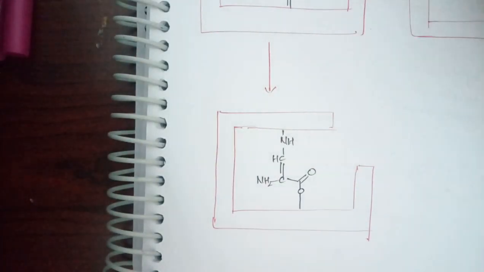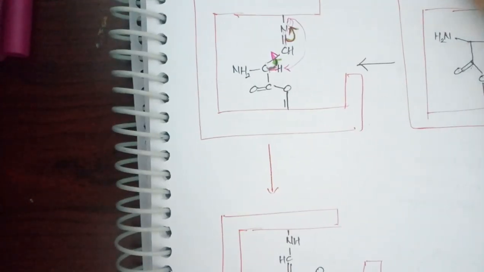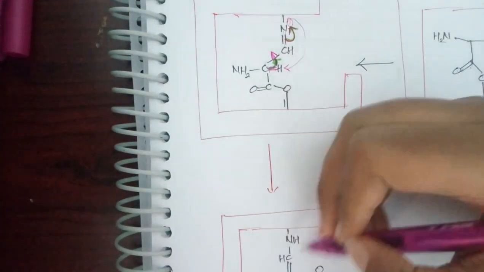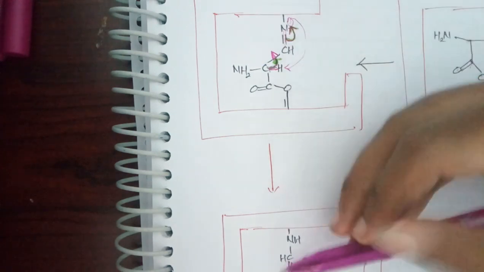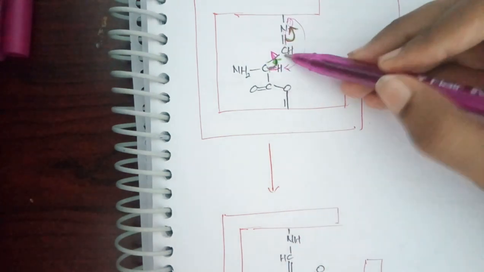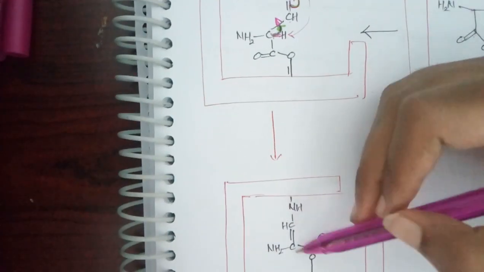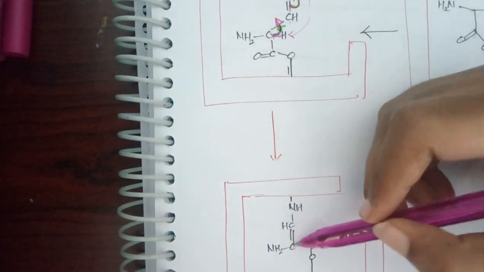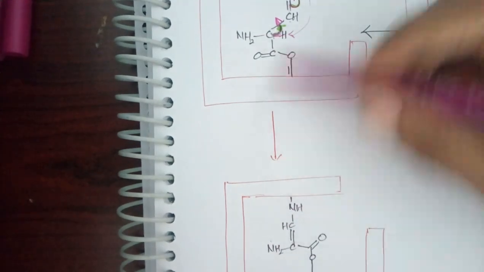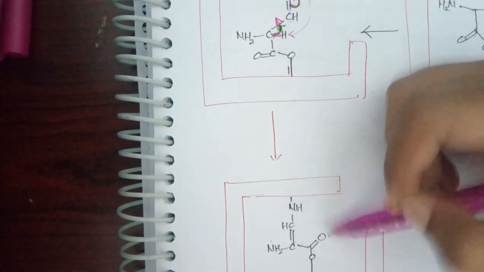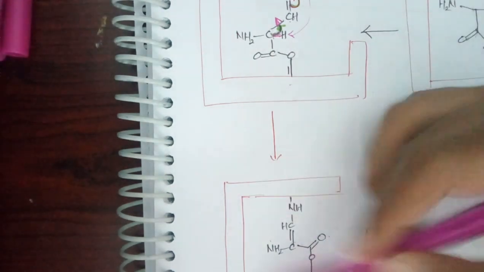How will it happen? If you see this whole structure, you have here NH. Here you get a single bond. Between these both you have a double bond. Same carbon attached to NH3, carbon attached to NH2. This is attached to C double bond O. In this way it will block the lactamase enzyme.